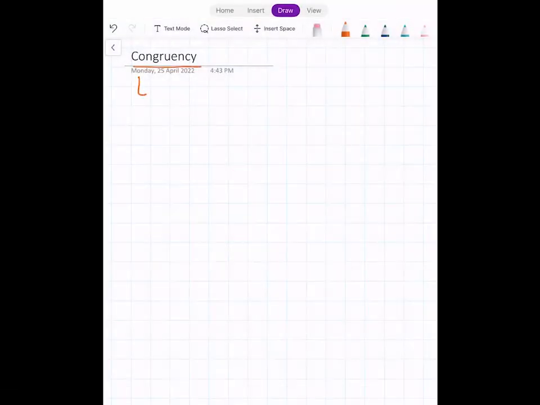Now, what is congruency? Congruency means exactly the same length and angle.